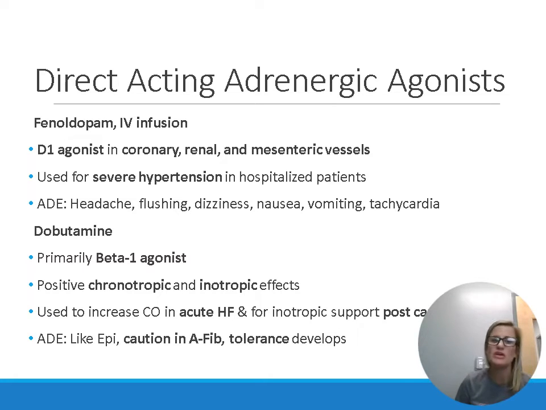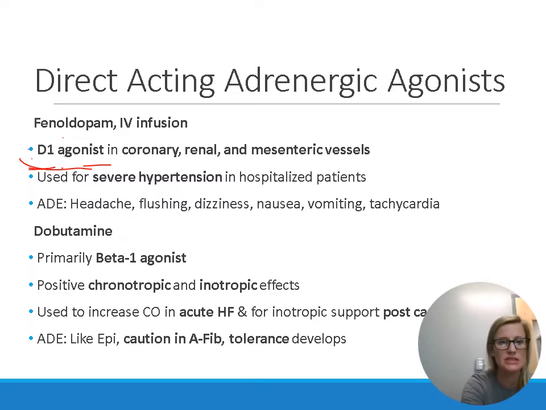Fenoldopam. Fenoldopam is another direct-acting adrenergic agonist. It's given via IV infusion. Fenoldopam is a D1, dopamine 1 receptor agonist in coronary, renal, and mesenteric vessels. So it causes vasodilation.